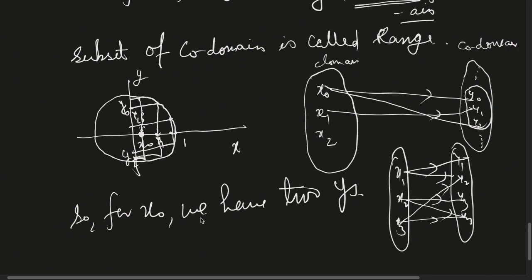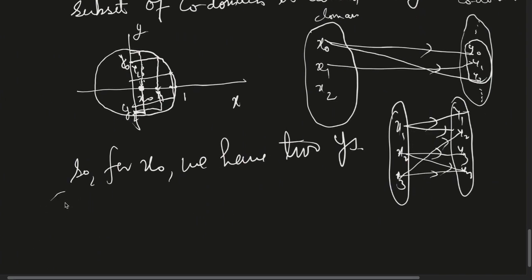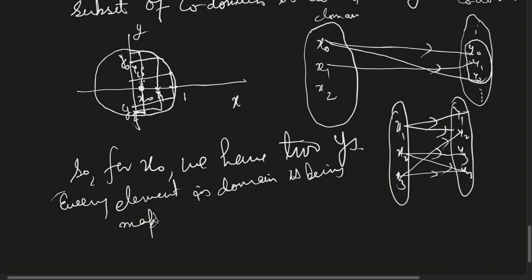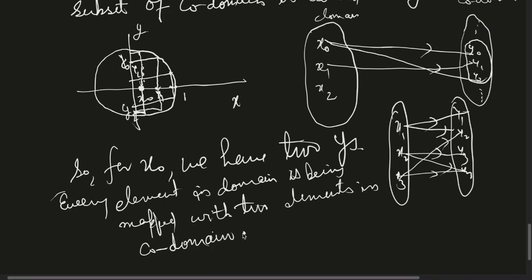So we can say that every element in domain is being mapped with two elements in codomain, which should not be the case for a function. So we can say that every element in domain is being mapped with two, that is more than one, elements in codomain.